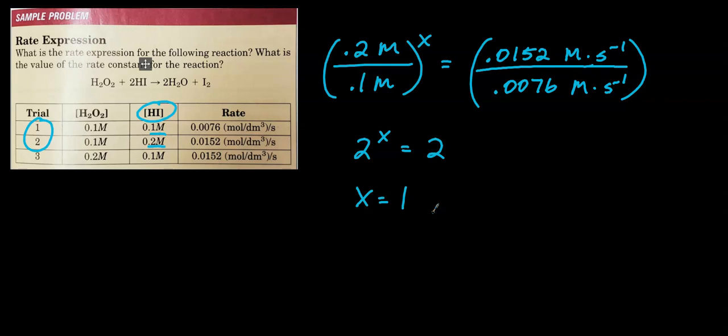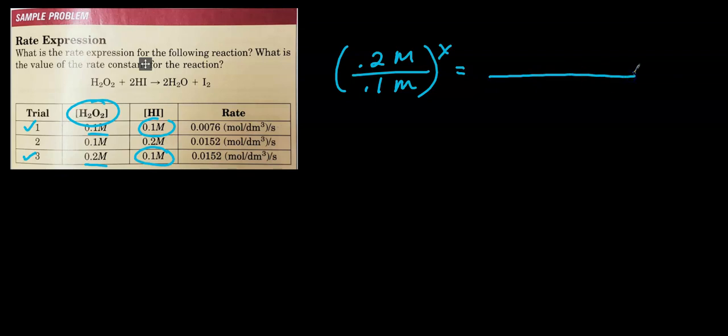All right, let's do the same thing, same process, but let's apply it to our other reactant. So now we want to find the order with respect to H2O2. So this time we want to take two experiments where the concentration of H2O2 is changing, but the concentration of HI is not changing.